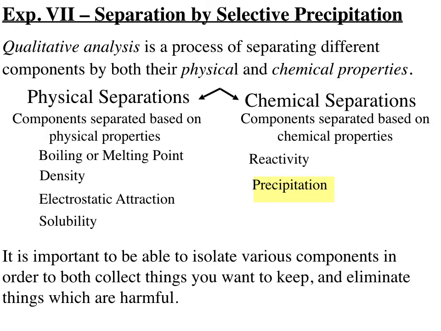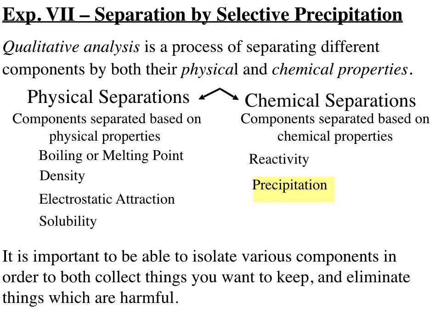There's a wide variety of tricks that we use to separate components. We can do so by the temperature at which they boil or melt. We can do so by the difference in their density in what we would call precipitation. We can do some things electrically to separate them.